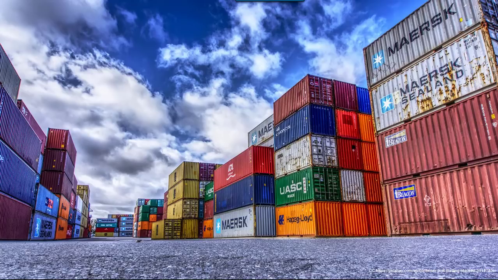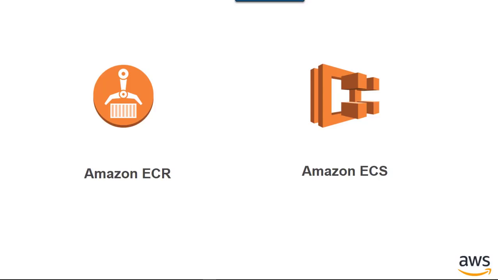To make your life easy when you run hundreds or even thousands of containers, we have invented these services called Amazon ECS, or Elastic Container Service, and Amazon ECR, Elastic Container Registry. Amazon ECR is similar to Docker Hub, where you can keep your Docker images.